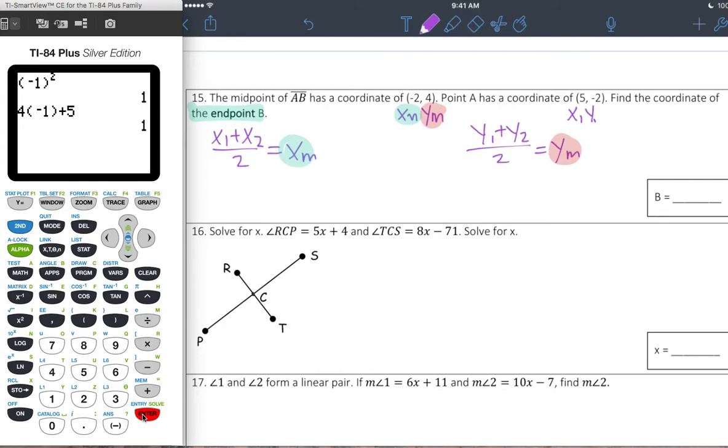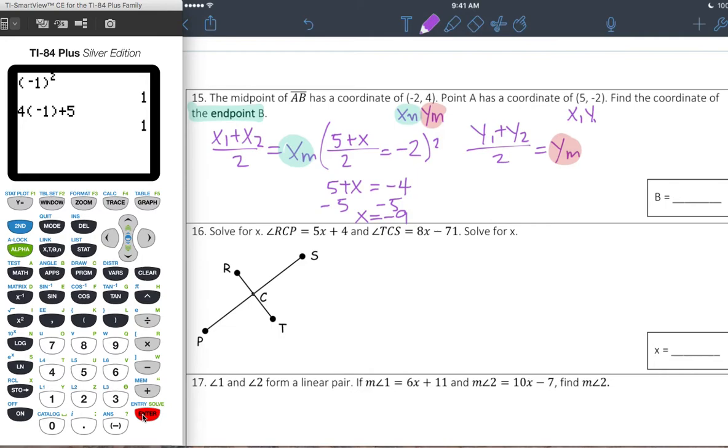So we're going to have x1 is 5 plus our unknown x over 2 equals our xm of -2. Multiply through both sides times 2. We'll have 5 plus x equals -4. Subtract 5, subtract 5, x equals -9.